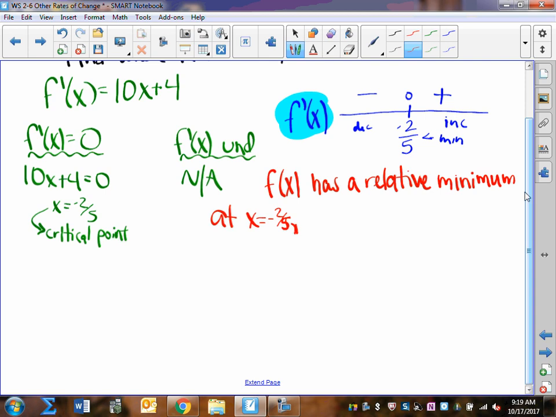Since, I'm going to write since so that you guys aren't tempted to write b/c. That's b divided by c, not because. So f of x has a relative minimum at x equal to -2/5.